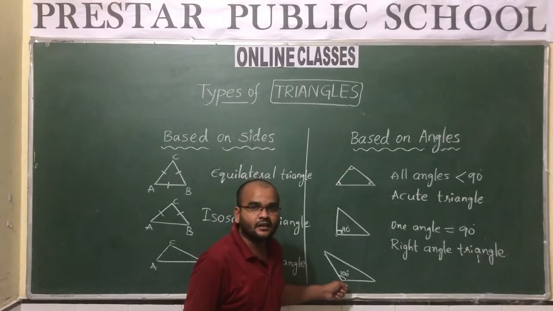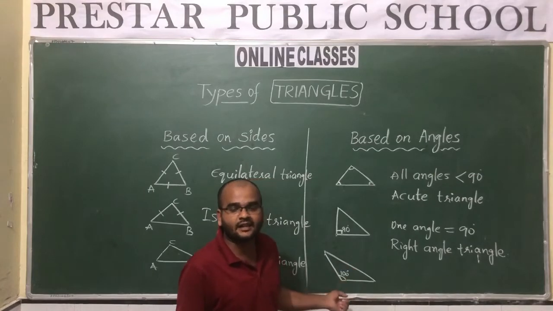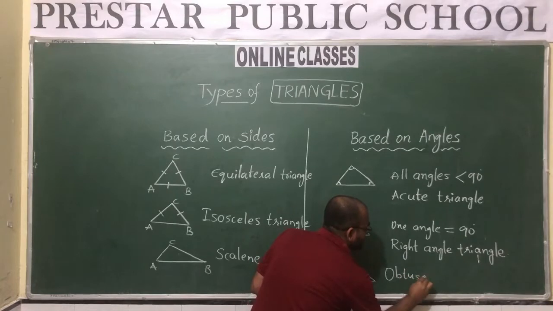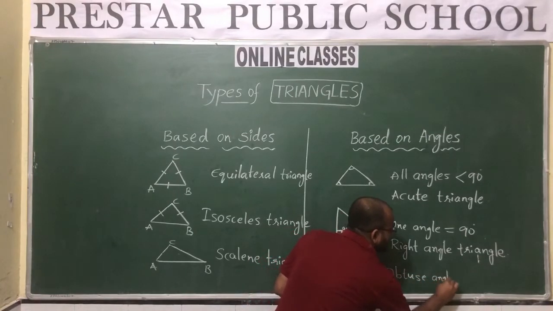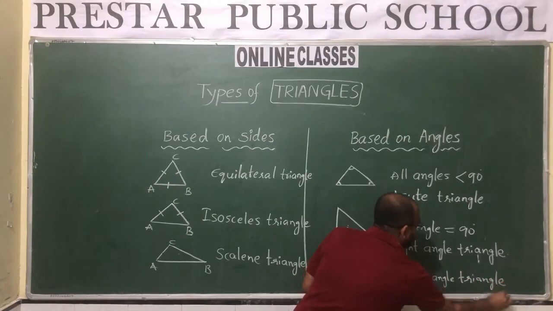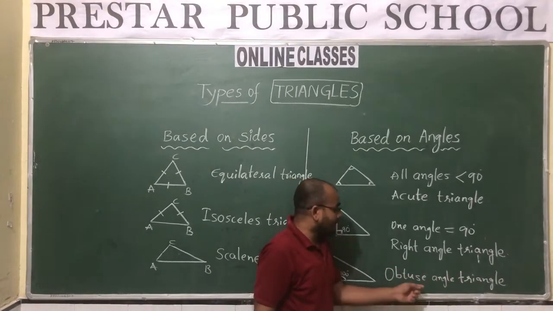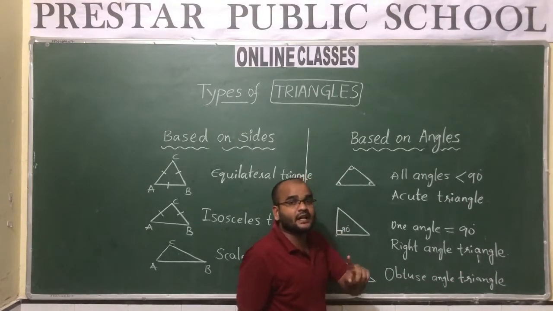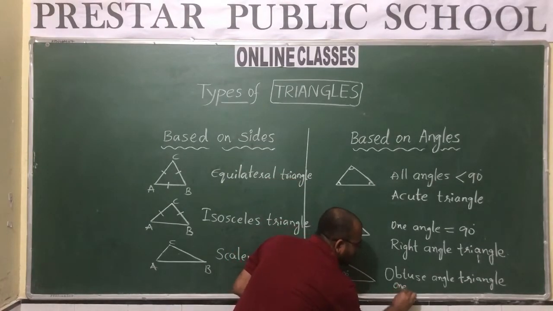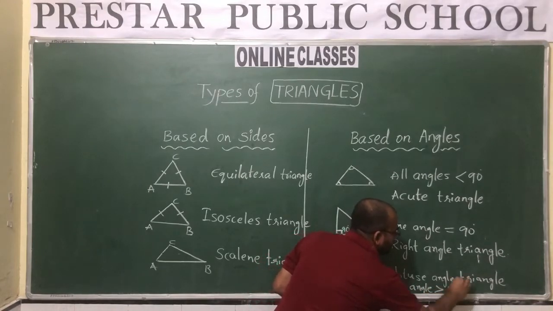That means greater than 90. So, if one angle is greater than 90, the triangle is called an obtuse angle triangle. Obtuse angle triangle or simply obtuse triangle. The condition is one angle should be greater than 90 degrees. I am writing here one angle greater than 90 degrees.